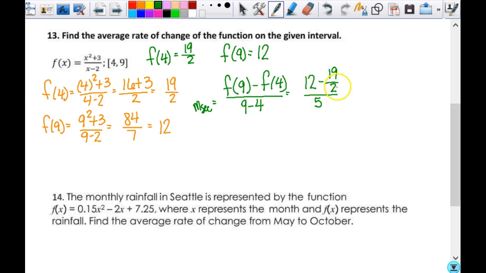So 12 with a common denominator of 2 is going to be 24 over 2. So 24 minus 19, well 24 minus 10 is 14, minus 9 gives me 5. So it would be 5 over 2 over 5. And remember that this is the same as 5 halves times 1 over 5. My 5's cancel out, and my answer is 1/2. That is the slope of my secant line.